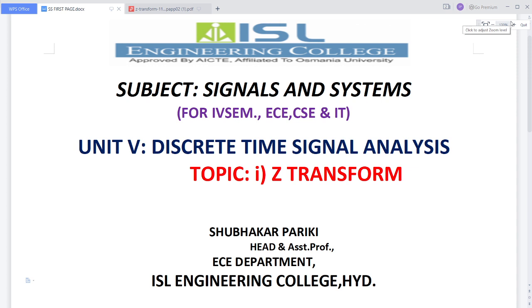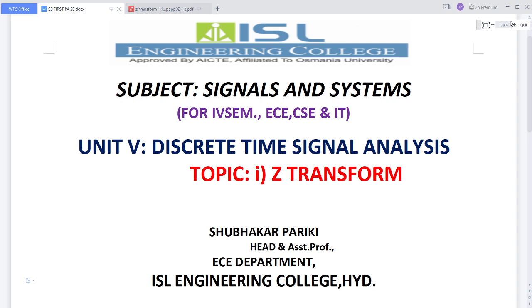The Z transform is the discrete time counterpart of the Laplace transform. One may ask: in the case of continuous time signals, we also converted the differential equation and then applied the Laplace transform to get its response or solution.